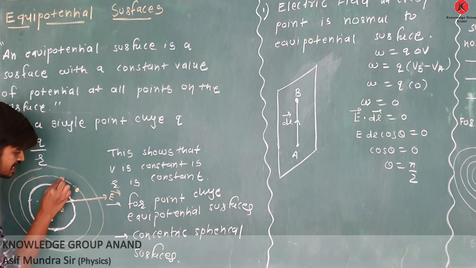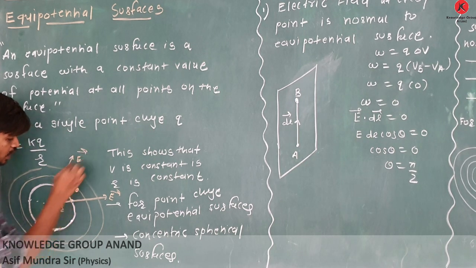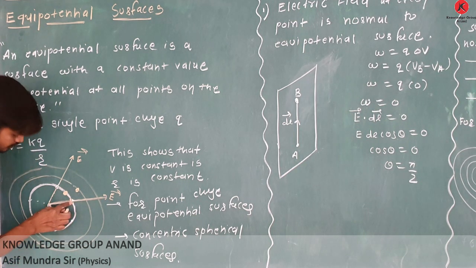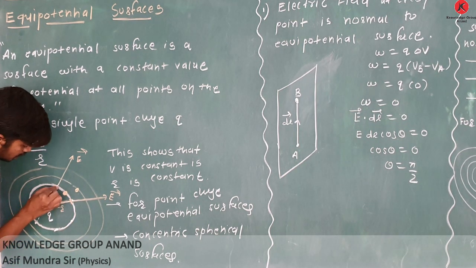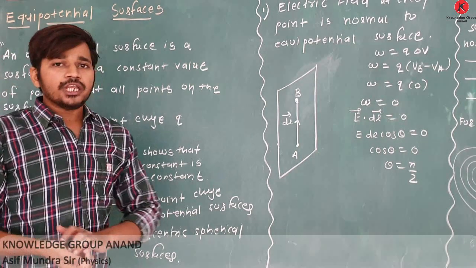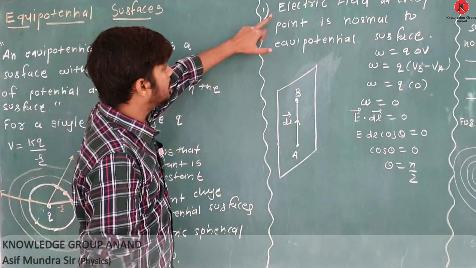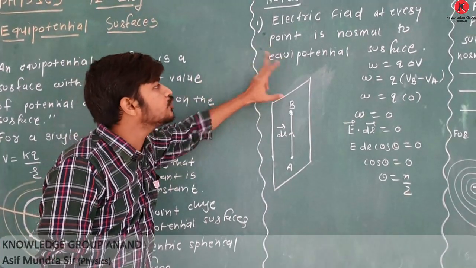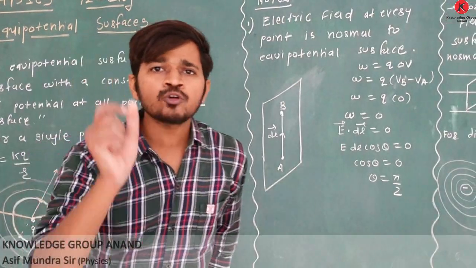At each and every point, this electric field is normal to the surface. So one important point to remember is electric field at every point is normal to the equipotential surface.